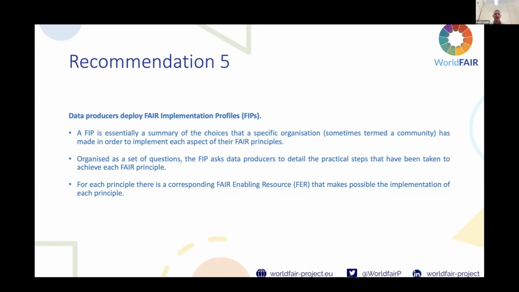It's organized as a set of questions. It asks data producers to detail the practical steps that have been taken to achieve each FAIR principle. And for each principle, there's a corresponding resource, a FAIR enabling resource, that makes it possible to implement that principle.